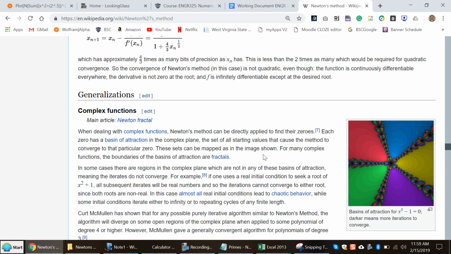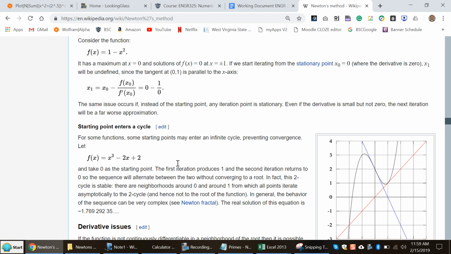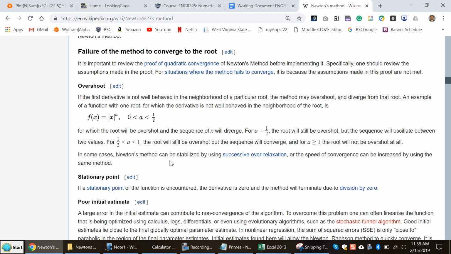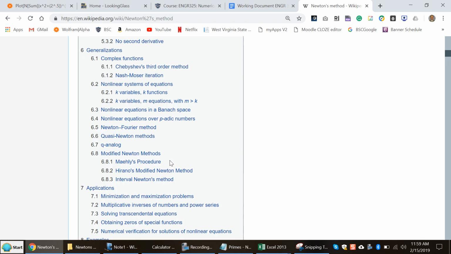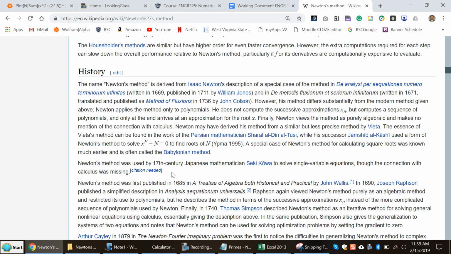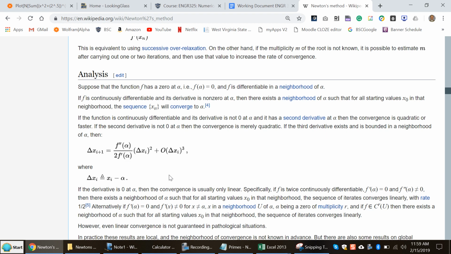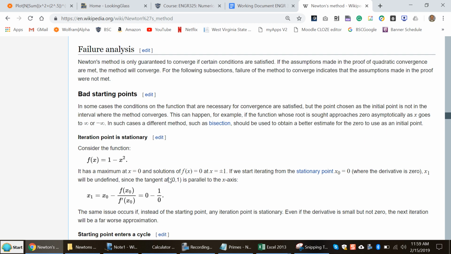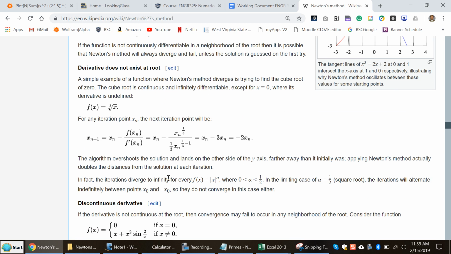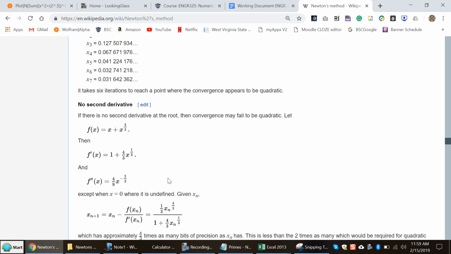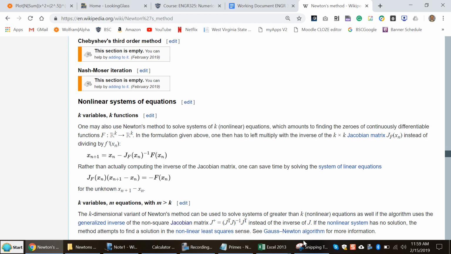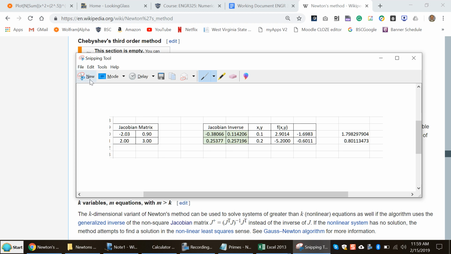You control it. Yeah, but I just had it. That drives me crazy. What are you looking for? I'm looking for the Jacobian, the formula for multiple variables. Oh, there it is. I knew it wasn't crazy.